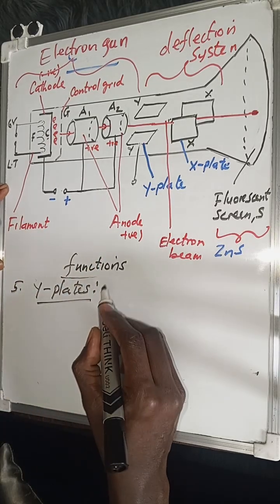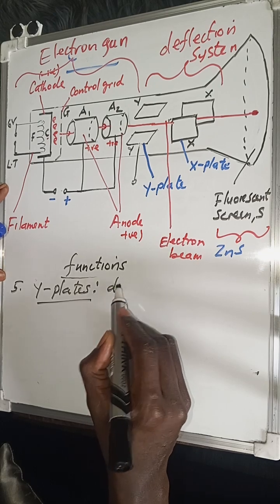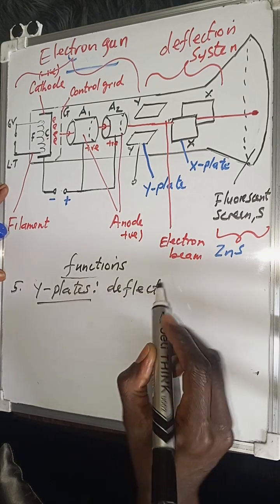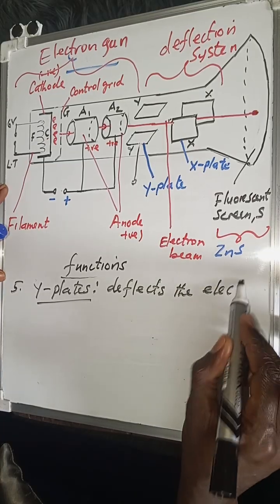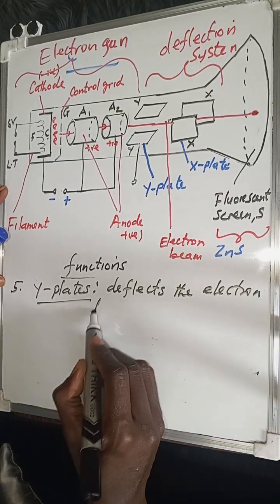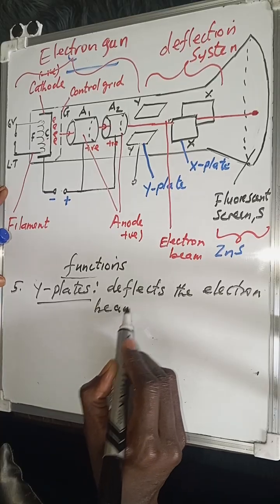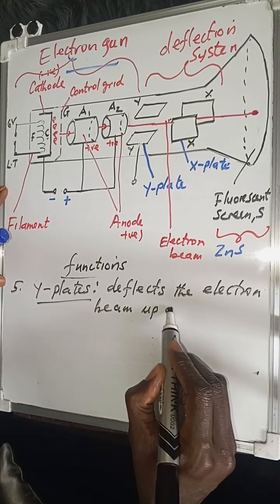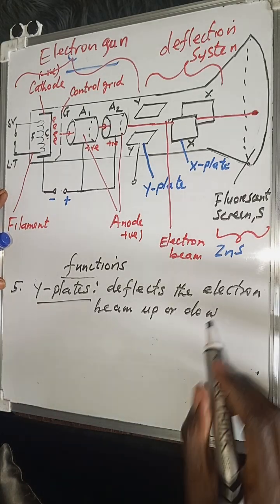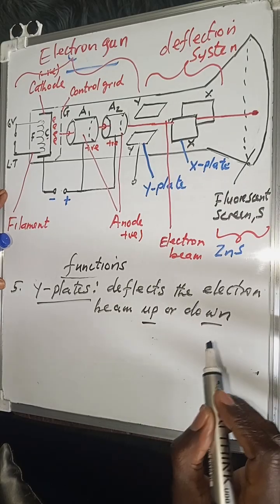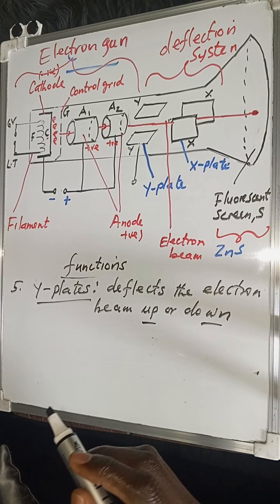So the Y plate, we can simply say, deflects the electron beam up or down, or vertically, just like the y-axis does.